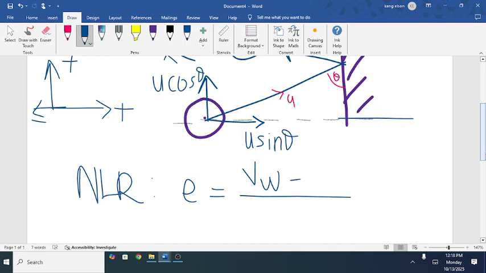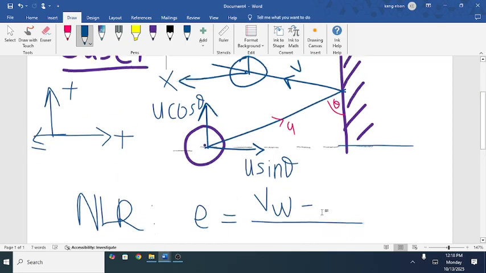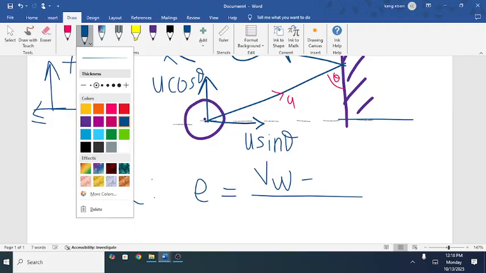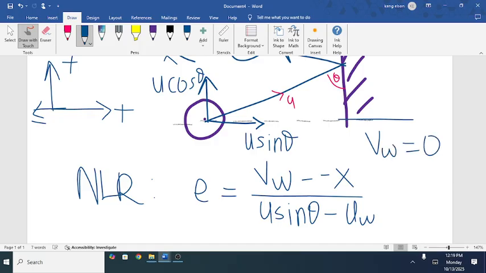So v wall minus negative x, divided by the initial velocity of the sphere, which is u sin theta, going to the right, is positive, minus u wall. Now v wall is equal to 0 because the wall does not move after impact, and u wall is also equal to 0.